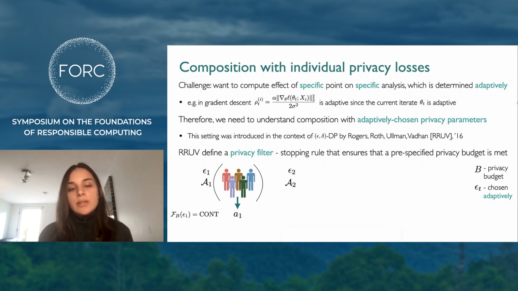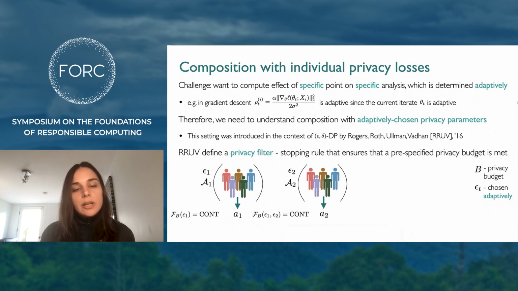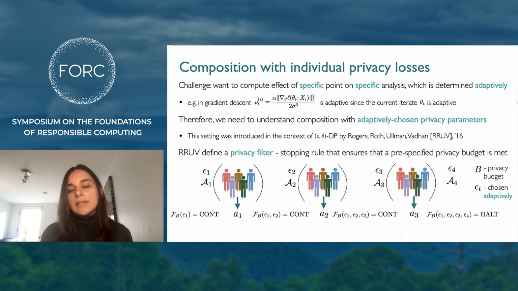Then the analyst chooses the following privacy parameter epsilon_2 and an algorithm A_2 that satisfies epsilon_2-differential privacy. Now we would feed the first two privacy parameters into the filter. Let's say that it again outputs continue. We get an output. At the third step, let's say that the filter again outputs continue. And then at the fourth step, suppose that the filter actually outputs halt.